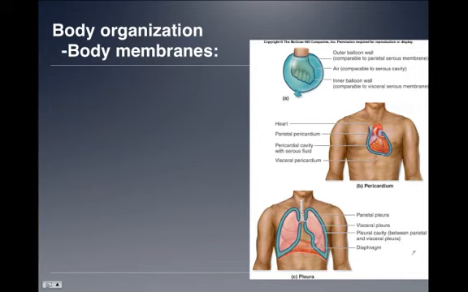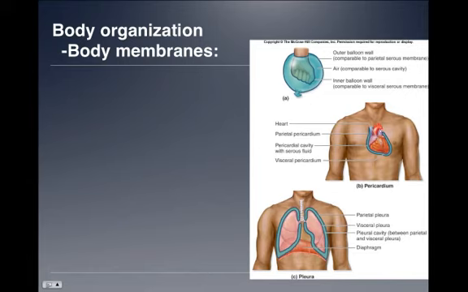So we're going to have these nice little gelatinous sacs around things like the heart and the lungs that are constantly moving, to help prevent friction from building up as that organ moves inside that cavity.